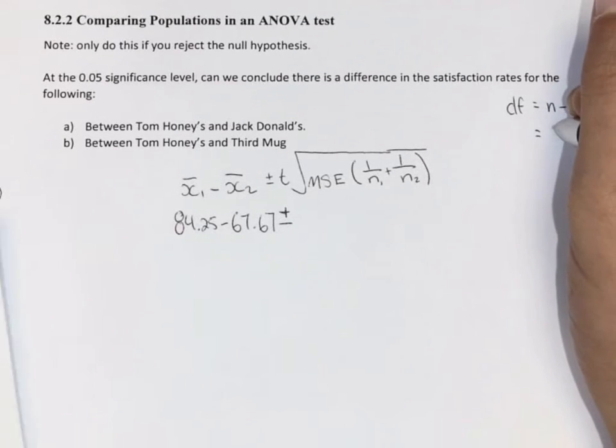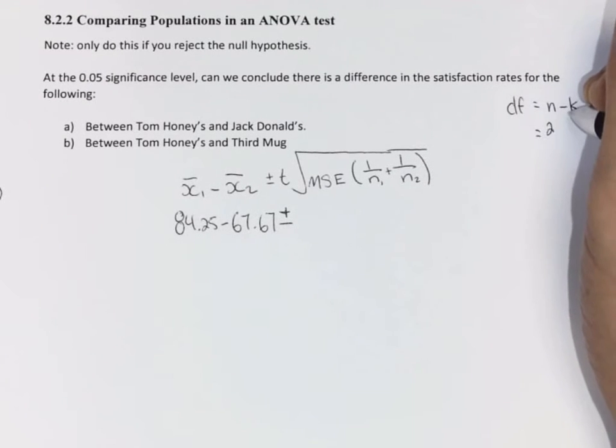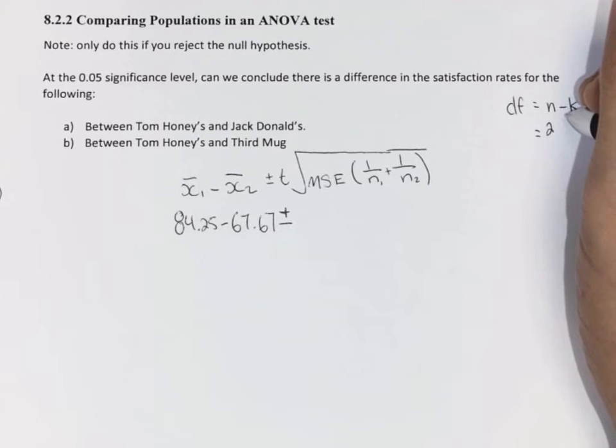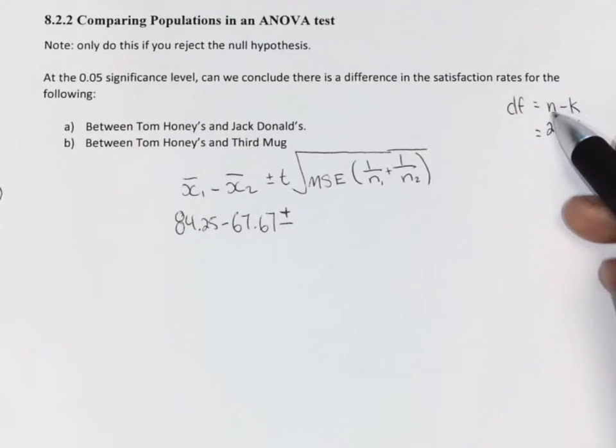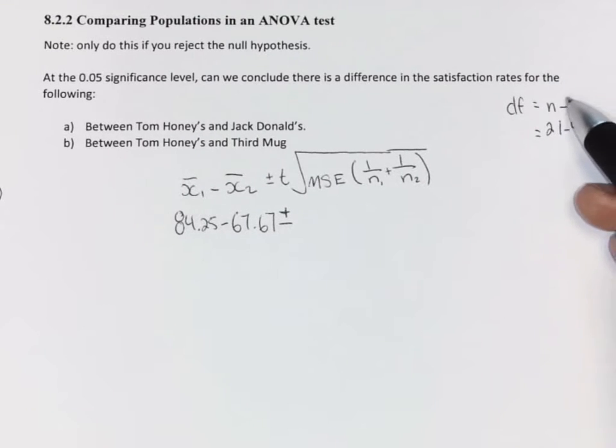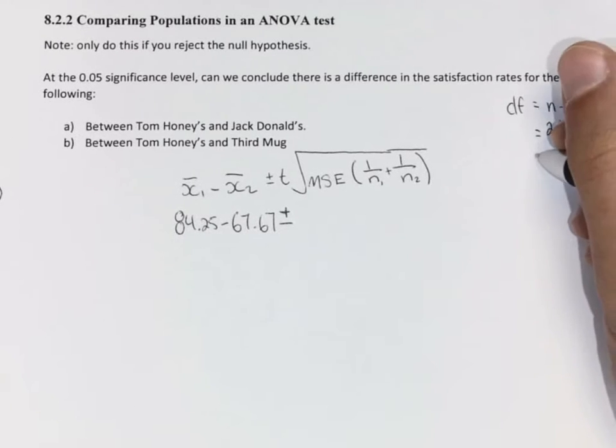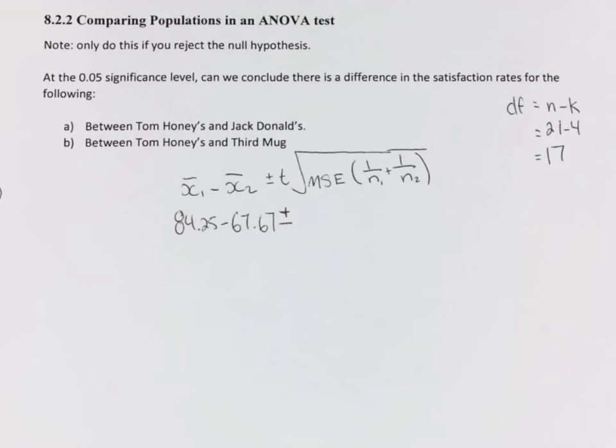And so that would bring us to 21 minus 4, n being our total amount of observations and k being our total treatments or groups. So we have a degree of freedom of 17.